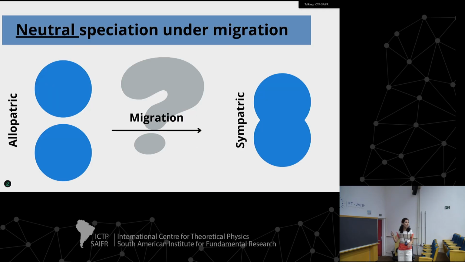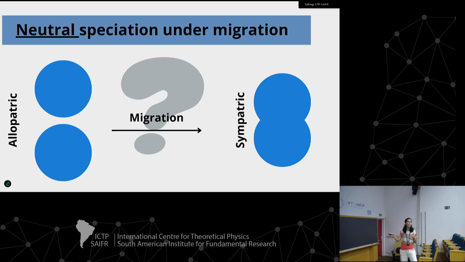My question today comes from this scenario: we have, allopatrically, for instance, 2 islands, and we impose migration between them. If this migration is large enough, you end up with a sympatric situation in the same spot. It's not sympatric in the same way that Marcus mentioned, because here they will be exactly in the same square.